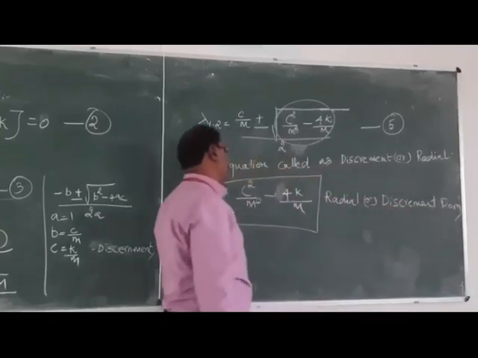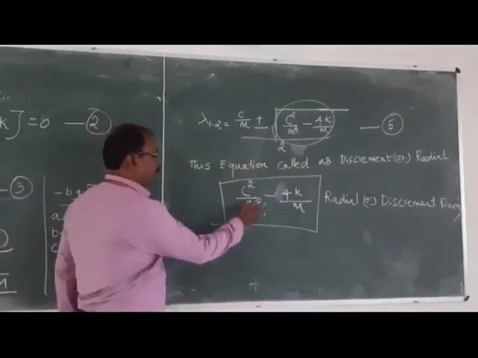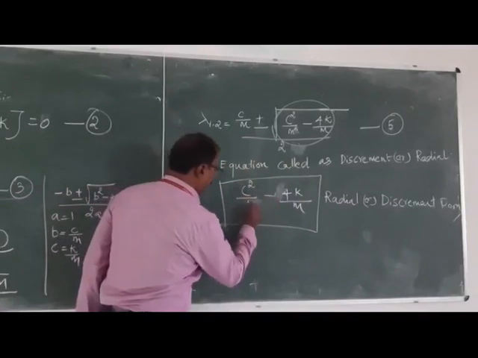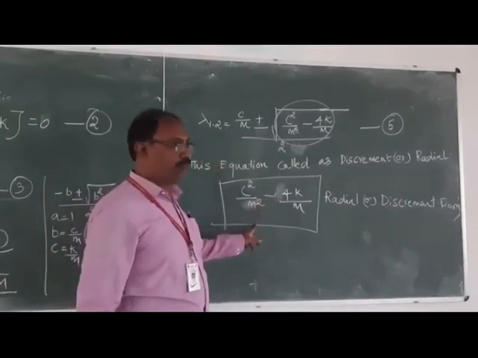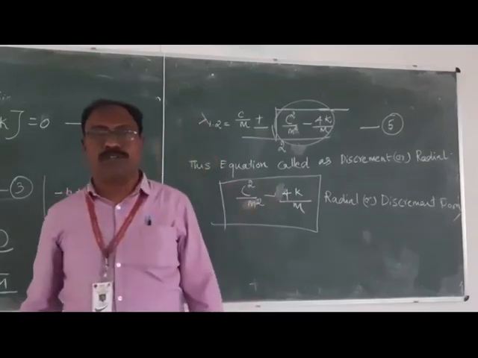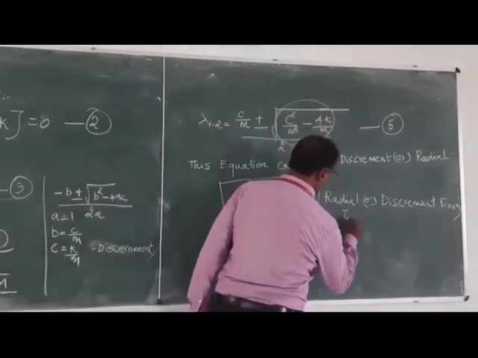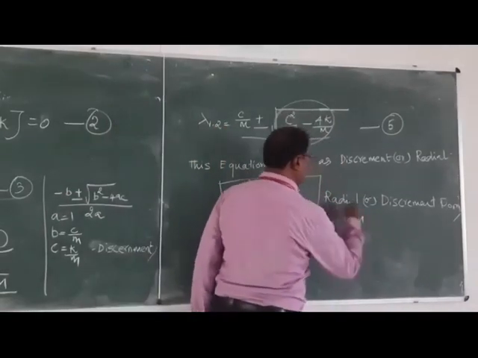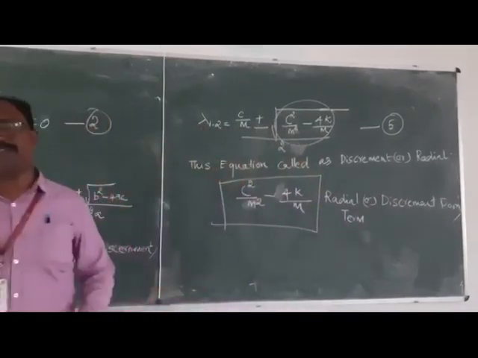We understand the term. If we solve this value, we can get the quadratic equation's radical or discriminant term in three cases.